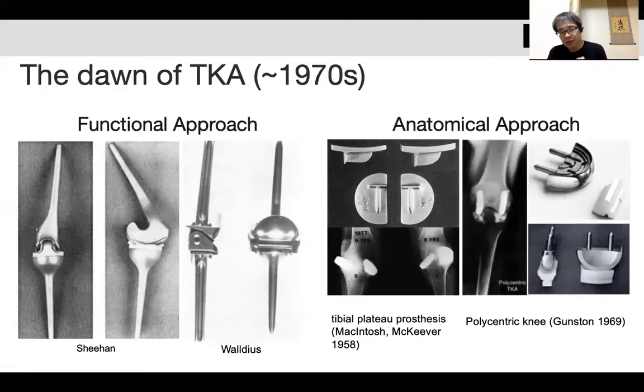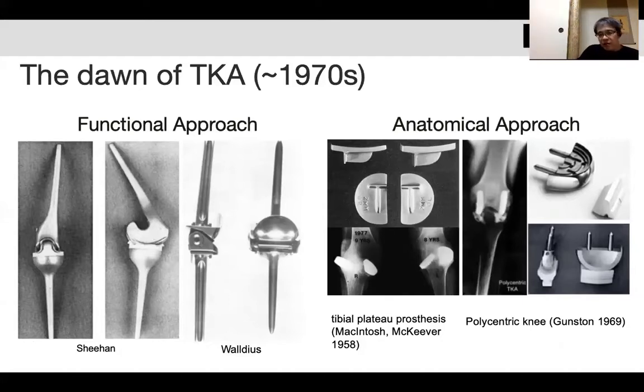It allows flexion and extension only, so the ligaments and kinematics are completely ignored. This is another type of hinge knee. These are the functional approach, and the aim of these components is to generate hinge flexion and extension motion.